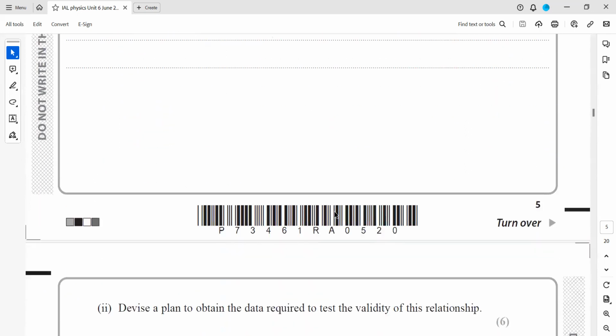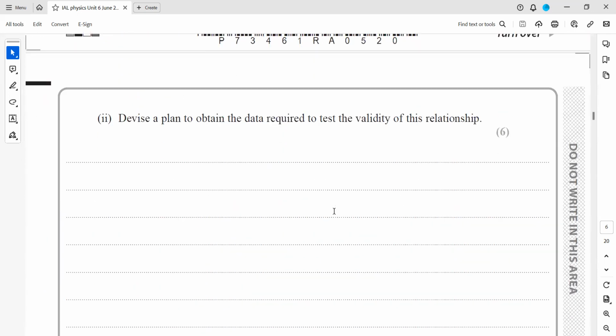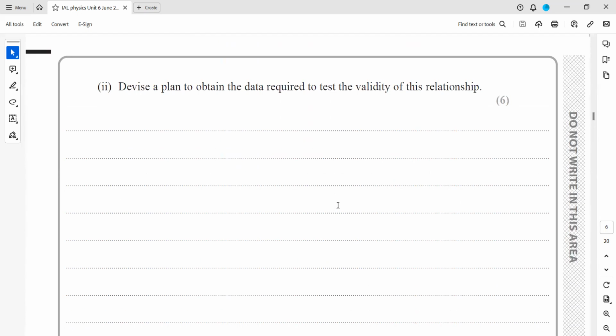Then the next question: devise a plan to obtain the data required to test the validity of this relation. Look, for this relation we need ln C equals minus mu x plus ln C naught. This is a constant.